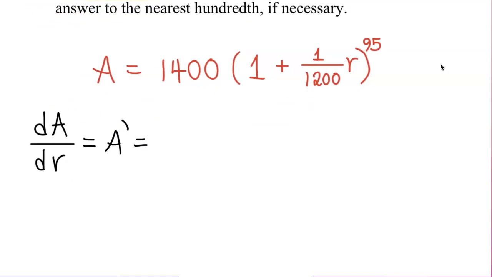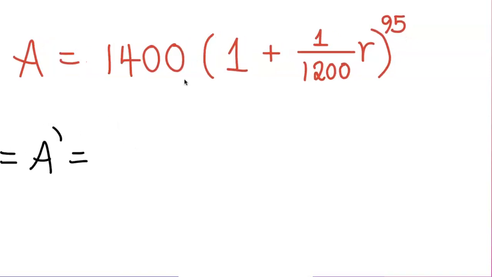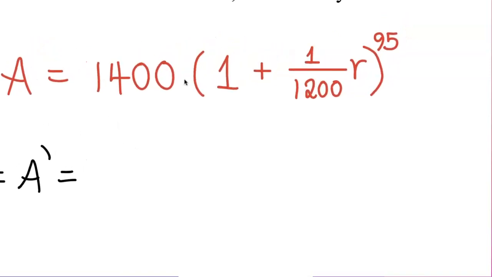Now, look at the structure of this. This is a composite function. We have to take the derivative of the outside function and multiply that by the derivative of the inside function. So do this with me. Multiply this 95, that big outside exponent, that's going to come down to the front, and we're going to multiply that by 1400.